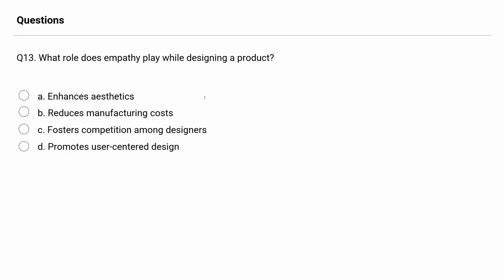Let's come to the 13th question. What role does empathy play while designing a product? Options are: enhances aesthetics, which is the look and feel; reduces manufacturing costs; fosters competition among designers, so there is a competition, they're fighting each other; and promote user centered design.